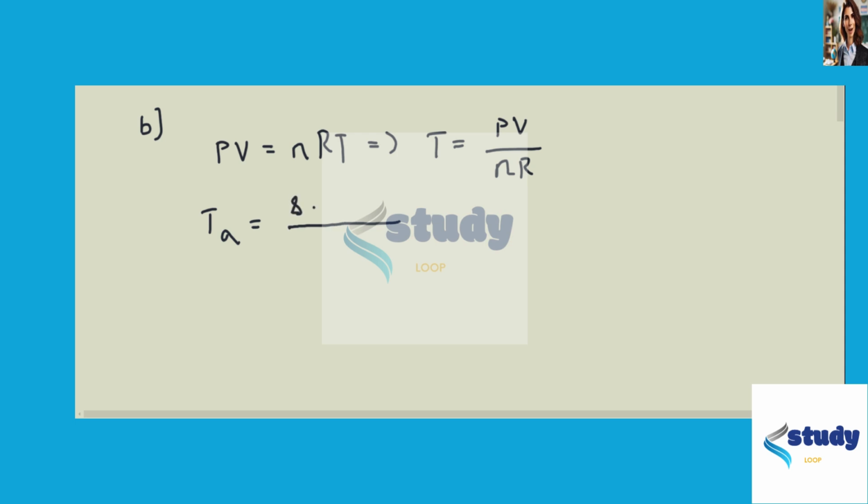This is 8 times 10 to the 5th, in pascals, times 0.01, in meters cubed, over 3.25 times 8.314. The final units will be in Kelvin, and TA will be 296 kelvins.